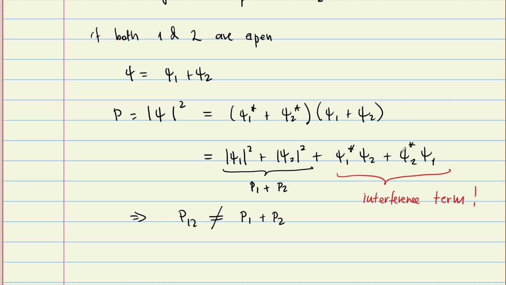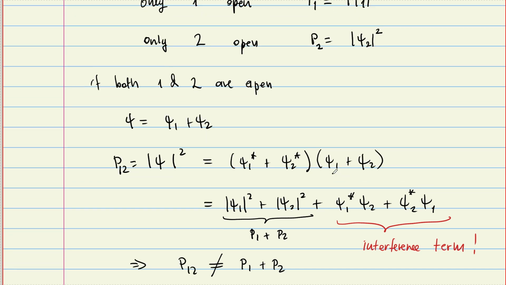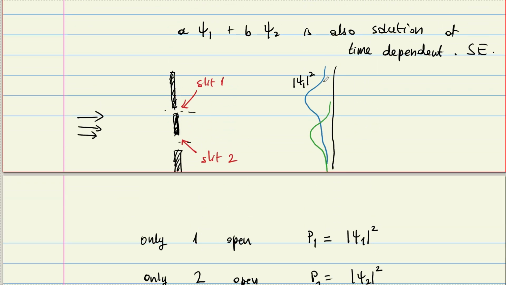From the presence of this additional term, I know this P12 is not equal to P1 plus P2. Then I say the reason for having the interference on the screen should be this term, because without that, I would just have the classical combination of this blue and green line. Good.